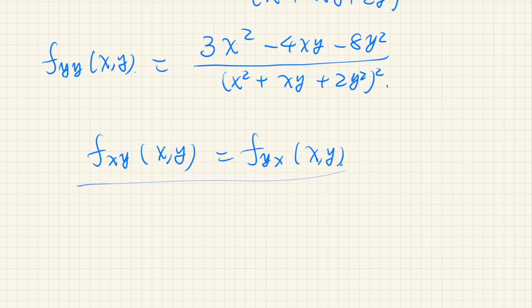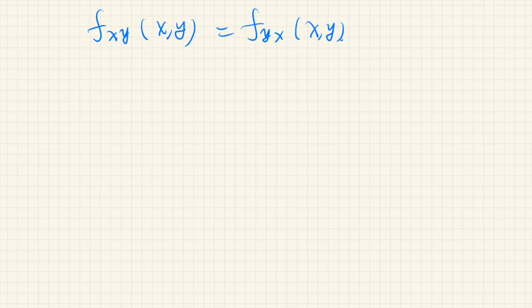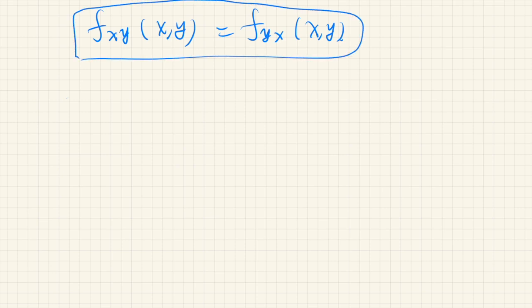So when does this hold in general? That's the next question. So our next question is, when does this hold? In other words, when can we swap the order of differentiation of second partial derivatives? The short answer is, if these second derivatives are continuous, then we can change the order of differentiations.